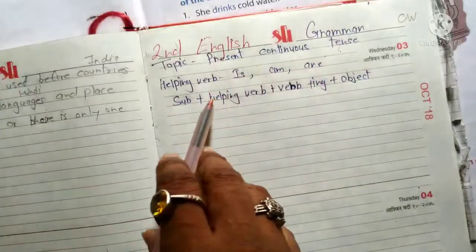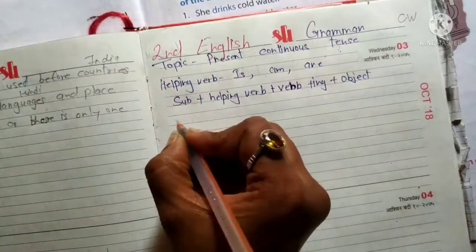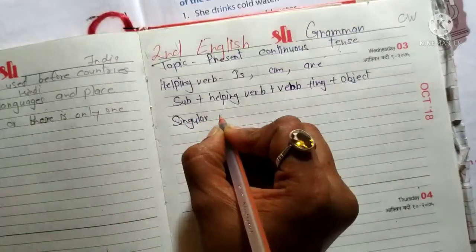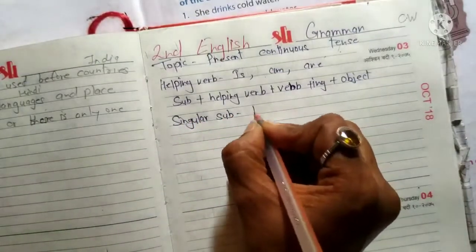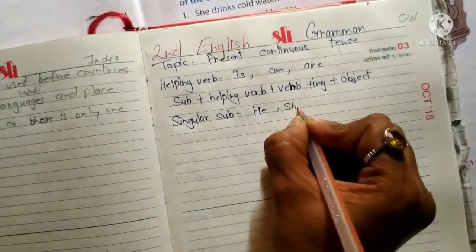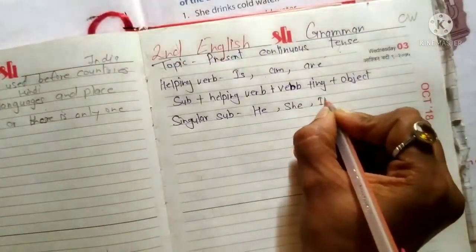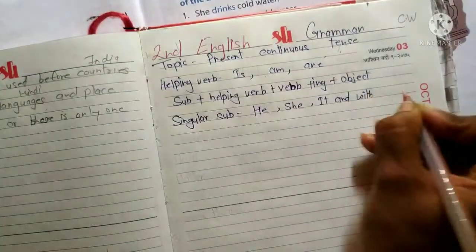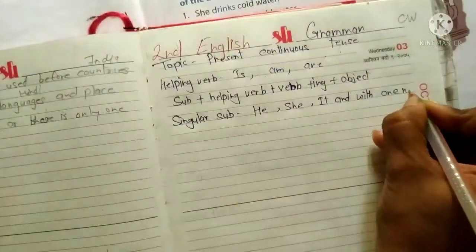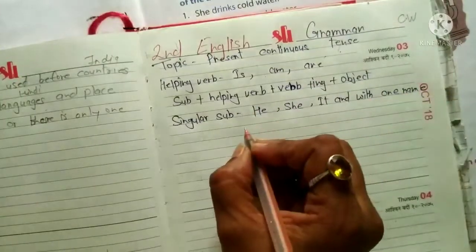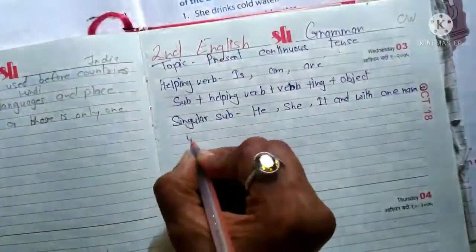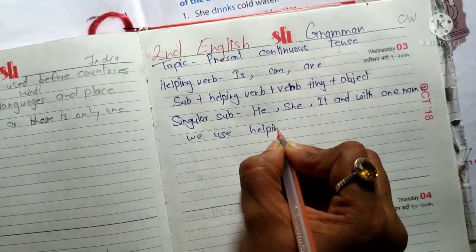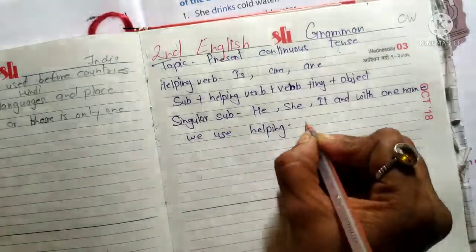In singular subject like he, she, it and with one name, we use helping verb is.